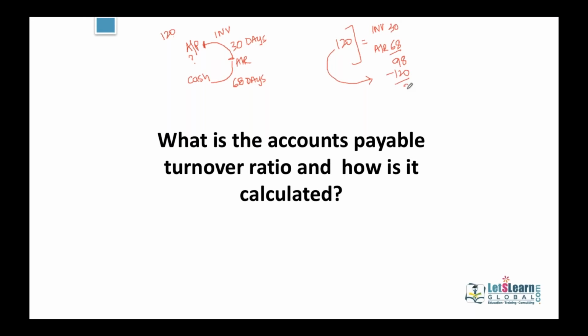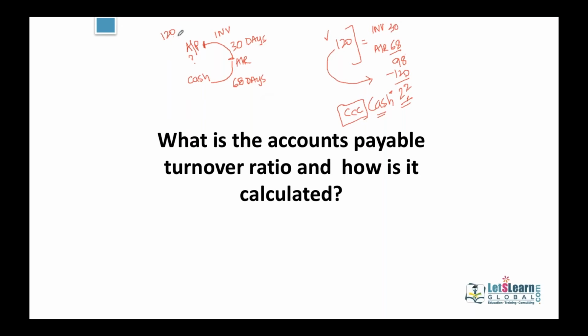We have enough time to pay him, which means cash is in hand 22 days before the supplier bill becomes due. So the answer should be negative: 98 minus 120 gives a negative amount. This is called cash conversion cycle. If cash conversion cycle is negative, it means that we are ready with cash.